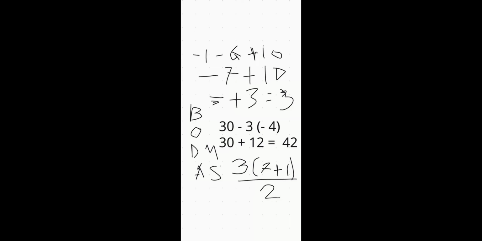All right, go ahead. 8 times 3 equals 24. 24 plus 12. Done. Okay, good.